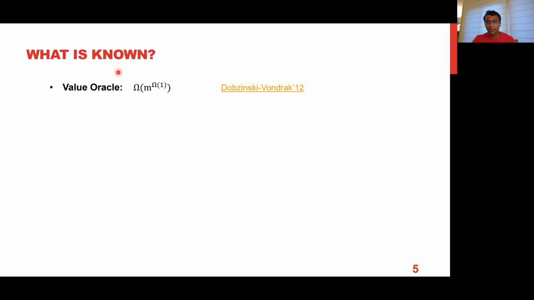So what's known about this? Interestingly, for the value oracle, the simpler of the two oracles, it's known that not much is possible. In general, there's a polynomial hardness, even for submodular valuations. Notice that using a value oracle, if the valuations were given to you, you could get a constant approximation, but no more. When the bidders are strategic, that's not possible.